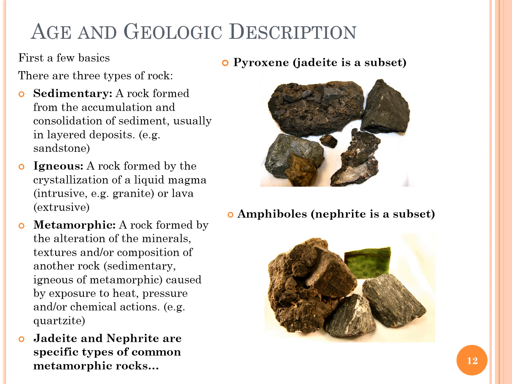Now, jadeite is actually a subset of one of these rocks, the pyroxene, and nephrite is a subset of one of these other major metamorphic rocks that are amphiboles. So jadeite and nephrite are specific types of common metamorphic rocks, even though both jadeite and nephrite are unusual and rare within these subcategories of pyroxene and amphibole.